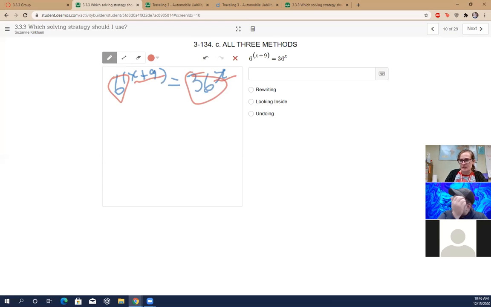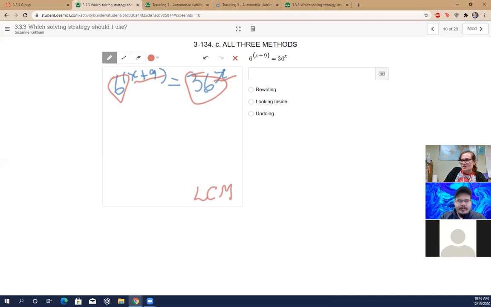So 6 and 36, what can 6 and 36 both go into? This is that wonderful term from elementary school, the least common multiple. That used to make me cringe. Is it 6? Yeah, so 6 times 6 is 36, right?